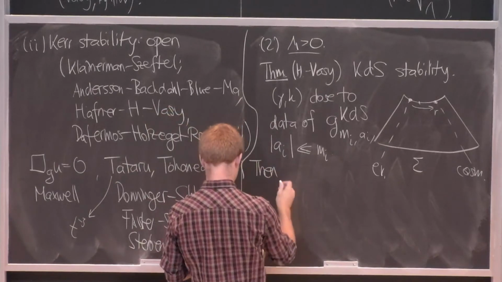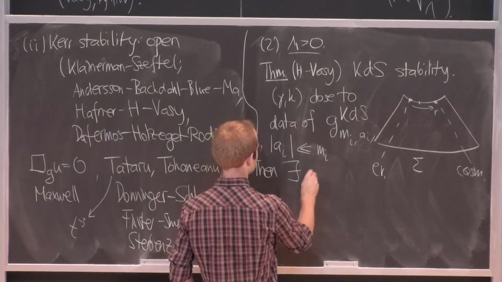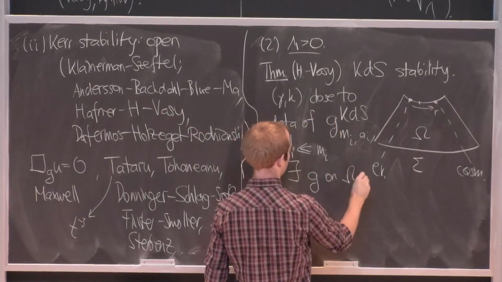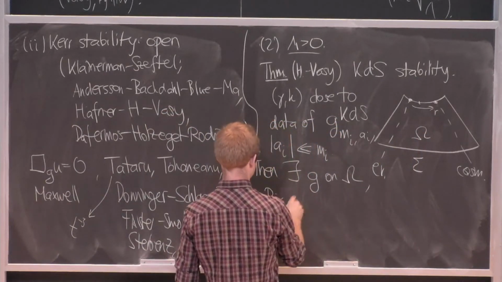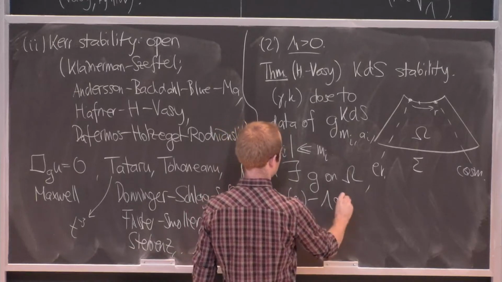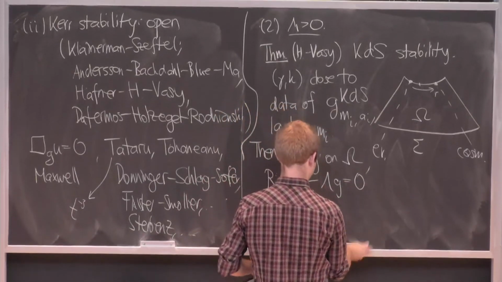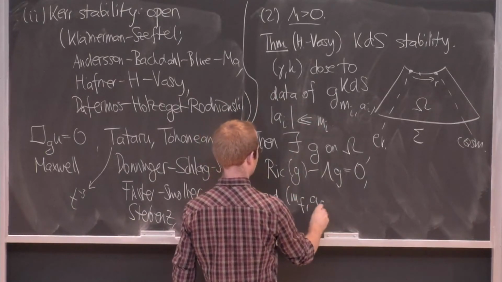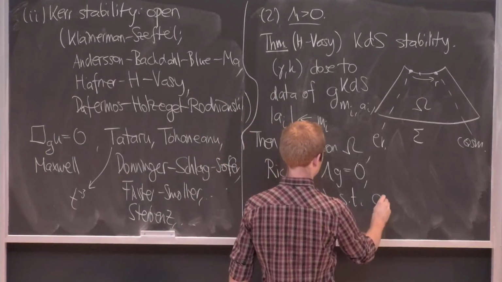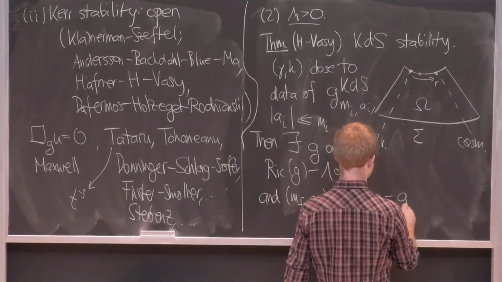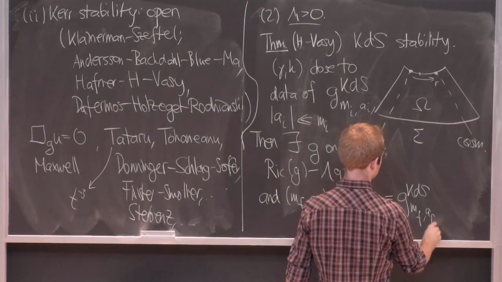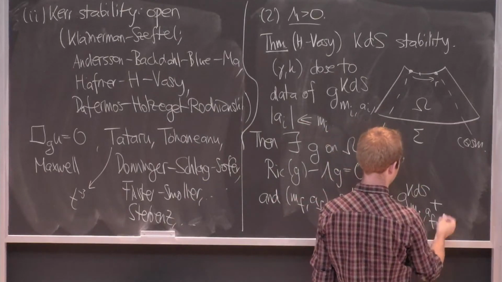Then we prove that there exists a solution of the Einstein vacuum equation on the domain omega. So Ricci of g minus lambda g is equal to 0. And black hole parameters m final and a final such that the metric g is actually equal to the Kerr de Sitter metric with these final parameters, plus something that's exponentially decaying.